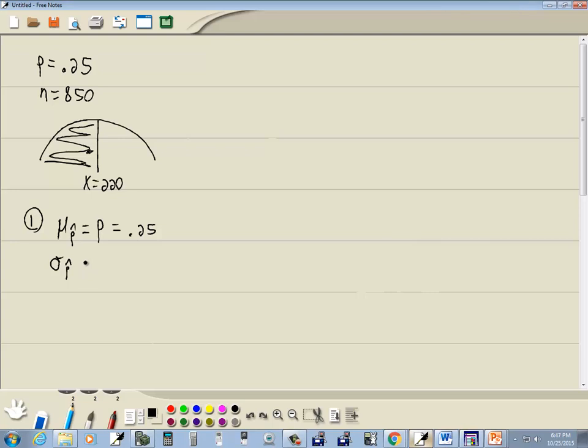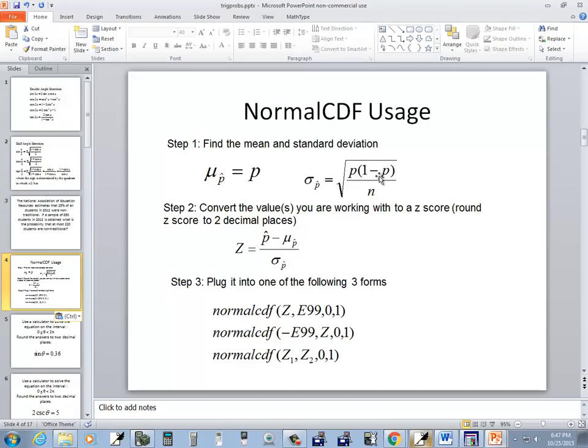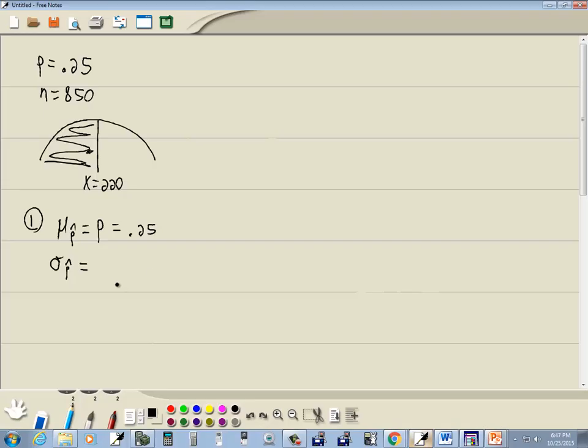Now sigma sub p hat is going to equal the square root of P times 1 minus P over n. So I got 0.25 times 1 minus 0.25 divided by n, which was 850.